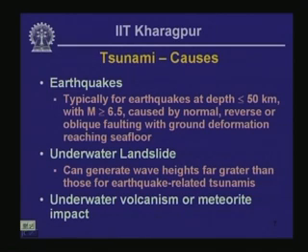Typically, the tsunami waves are generated by normal, reverse or oblique fault breaks with ground deformation reaching the seafloor. You need to have a disturbance caused right at the seafloor in order for the tsunami wave to generate.